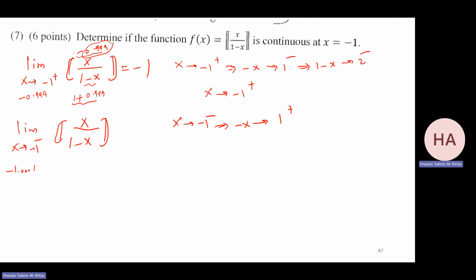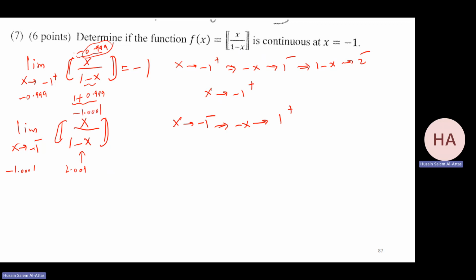So 1 minus x is 2.001 and the numerator is -1.001.